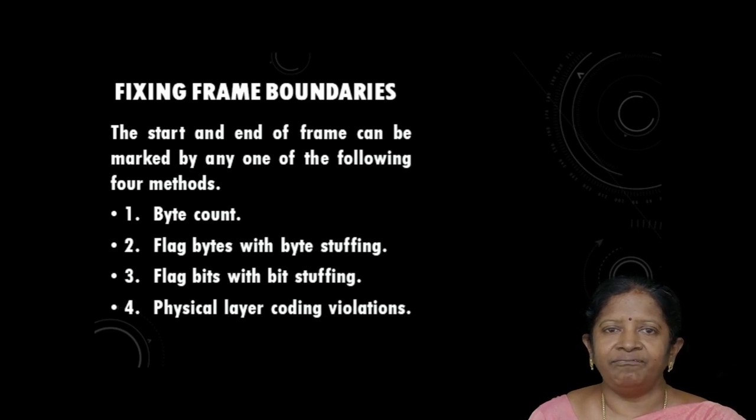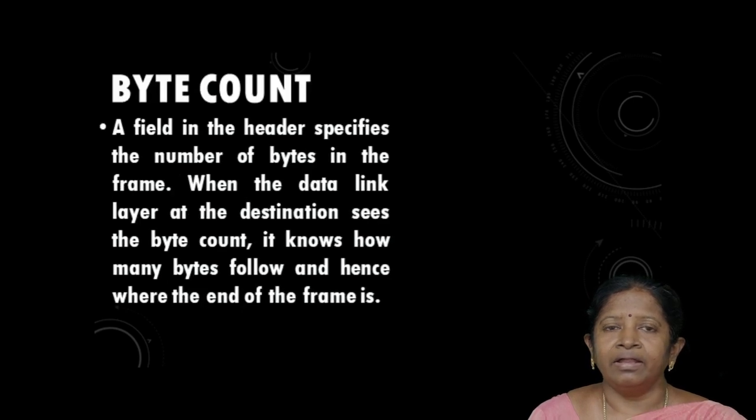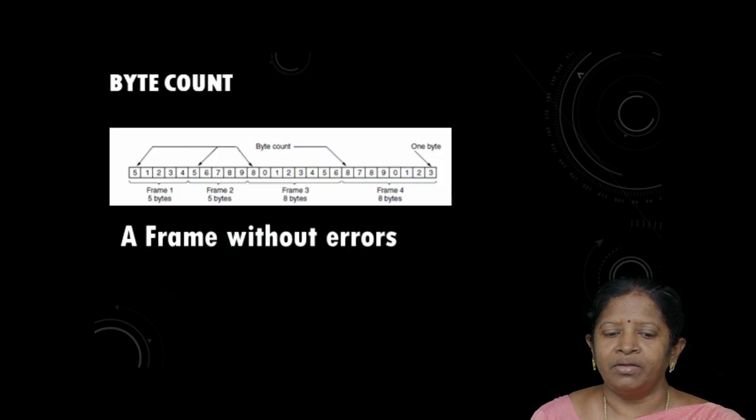So starting from 5, the bytes 1, 2, 3, 4 will represent one frame. On the receiver side, the receiver retrieves this byte count and understands that 5 consecutive bytes form this frame. One example is given here.